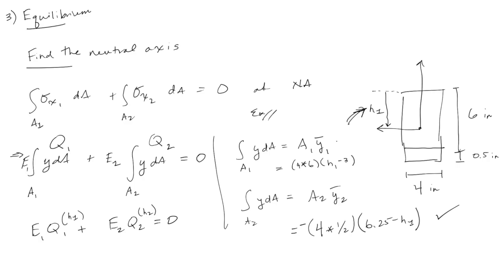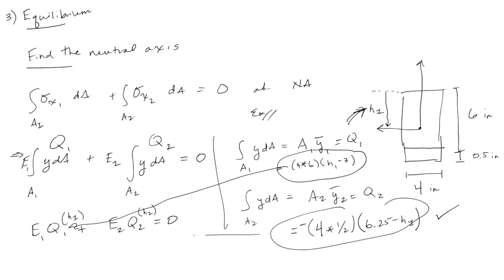Great, so this is Q1 and this is Q2. We can take this expression, plug it in there, take this expression, plug it in there, and then solve for h1. So that's one way to determine the neutral axis.